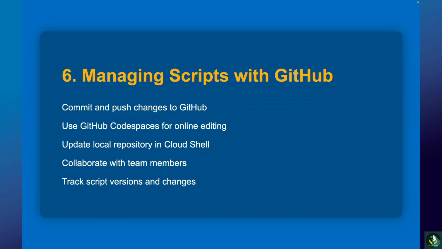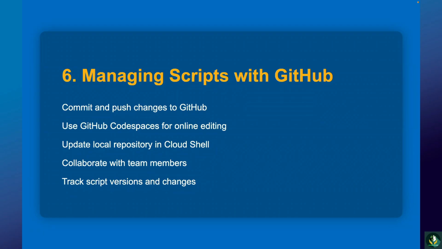So as a result of this hands-on demonstration lesson, we'll have set up a GitHub repository to store our scripts. We'll have created PowerShell scripts for connecting to Azure, deploying resources and removing resources.